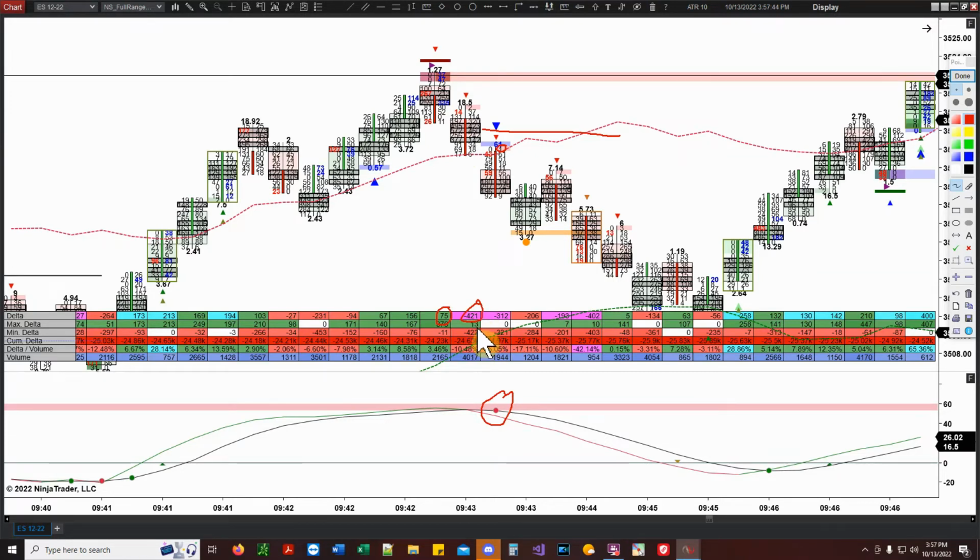It's closing on the low of the min delta. You got another magenta here, and it's closing near the low. You have no buyers here at all. That's a sell signal. These are not signals. These are just red flags that you have to pay attention to.